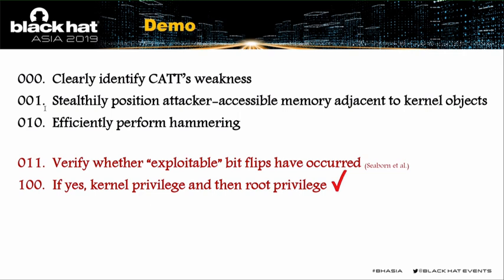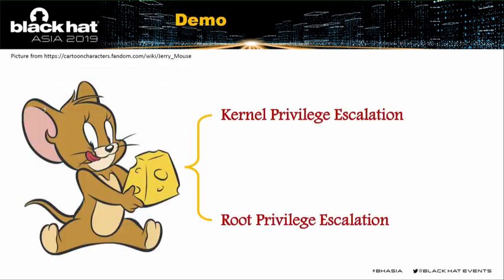And if we can find another page pointing to a page table page, it means that we have gained kernel privilege, because an exploitable page table means that we have write or read access to all the physical memory. After that, we can scan the kernel memory and change the user ID to 0, so as to gain root privilege. Now we will give a demo to show how we gain the privilege escalation.